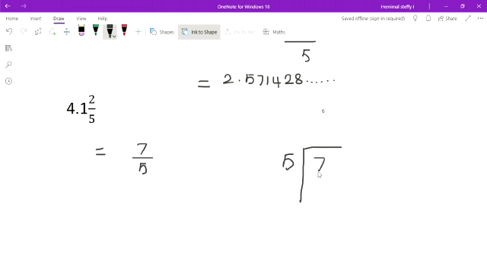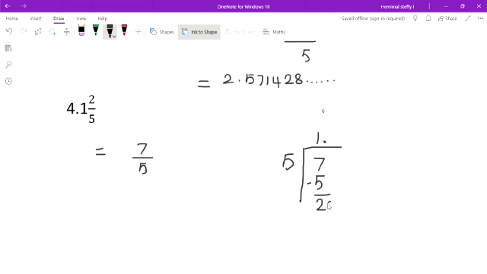So 7 by 5 I can divide how many times? 1 time. Put the 1 here and then 7 minus 5 gives 2.